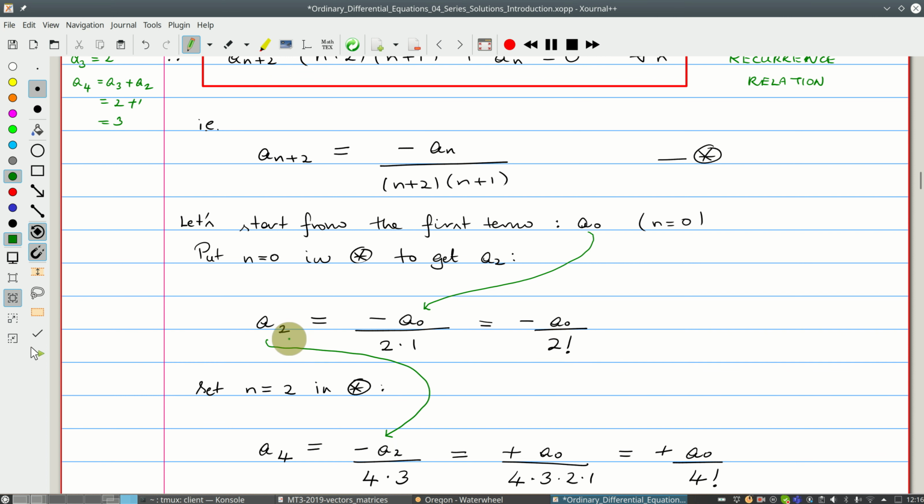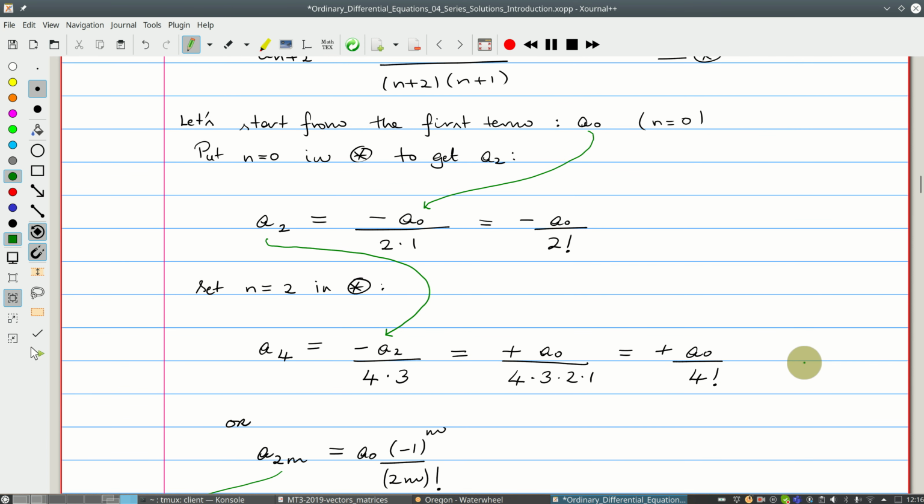Alright, now we have a2. You might say, what about a1? Well, let's keep that for the time being. So a0 has given us a2. Well, a2, if I put n is equal to 2 here, that would give us an a2 on the right hand side, and I will get an a4 on the left hand side. So let's see what that is. So a4 is equal to minus a2 divided by 4 times 3.